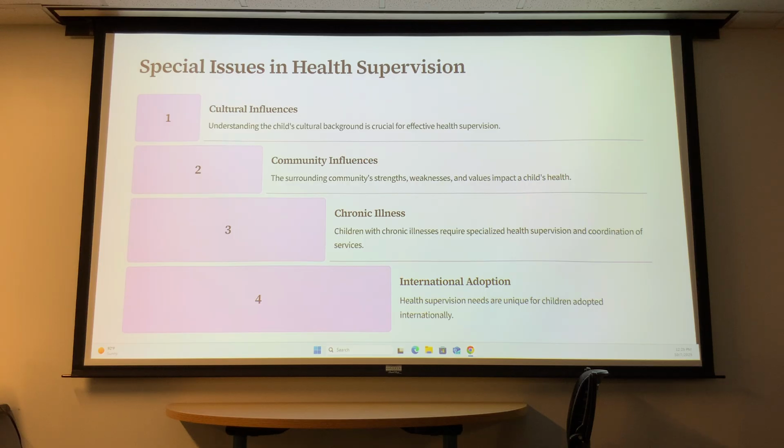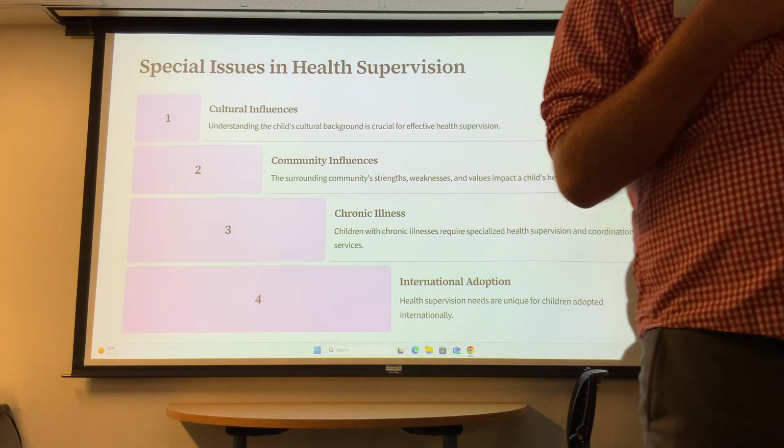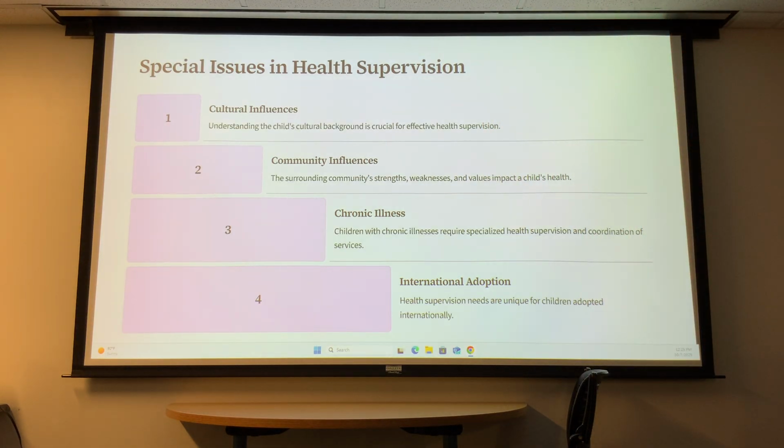When we're looking at health supervision, it's really important, again, to take into account those cultural aspects, because that's really going to guide your individualized care plan, right? What I consider a normal healthy diet might not be the same as what someone from the Mediterranean area might consider a normal healthy diet, right?